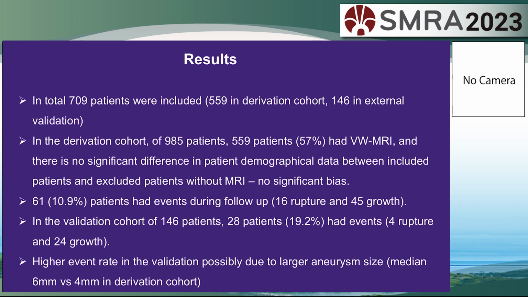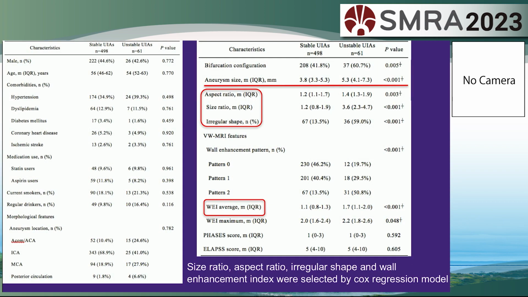This higher event rate in the external validation cohort is possibly because that cohort has a larger aneurysm size on average, about 6 compared to 4 millimeters in the derivation cohort. Here we show, in the development cohort, the comparison of stable aneurysms and unstable ones, which means they have events.